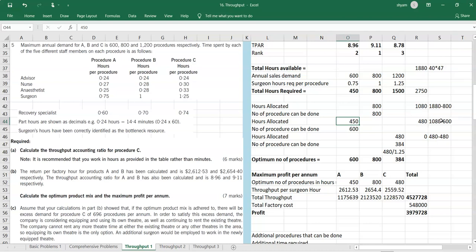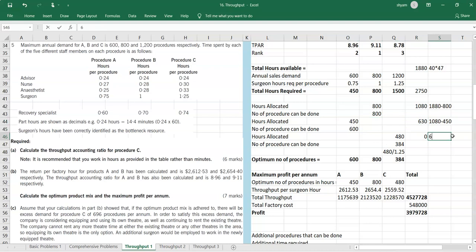So see, the hours allocated is not 600. Okay, the number of procedures is 600. Okay, hours required is only 450. I think we have made a mistake here. We'll correct it. This is 450. So that's 630. Okay, balance is 630 hours. So this is right. Up to here it is right. From here on it is a mistake.